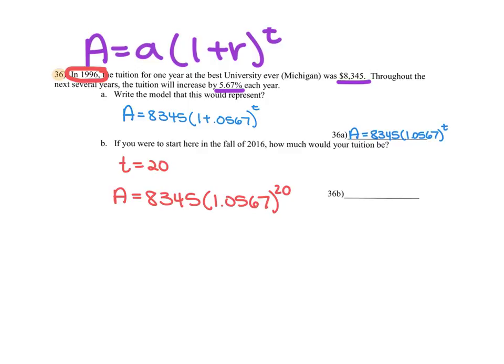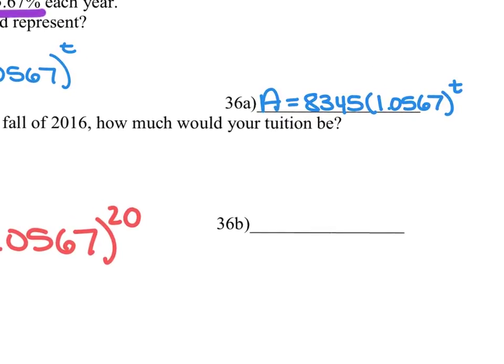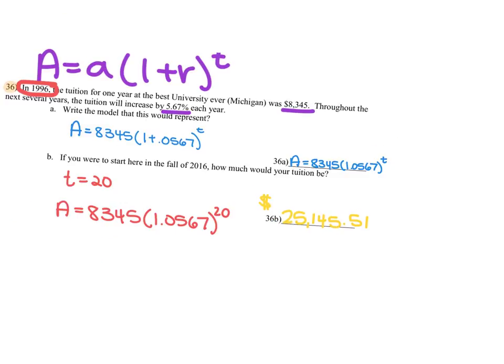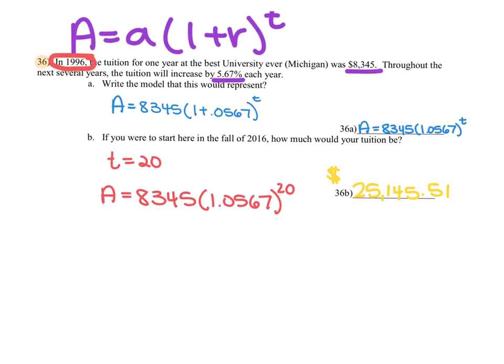And when I do that and plug it in, I get my final answer, which is $25,145.51. Wow, after 20 years, the price has definitely gone up. But still believable, in the realm of possibility.